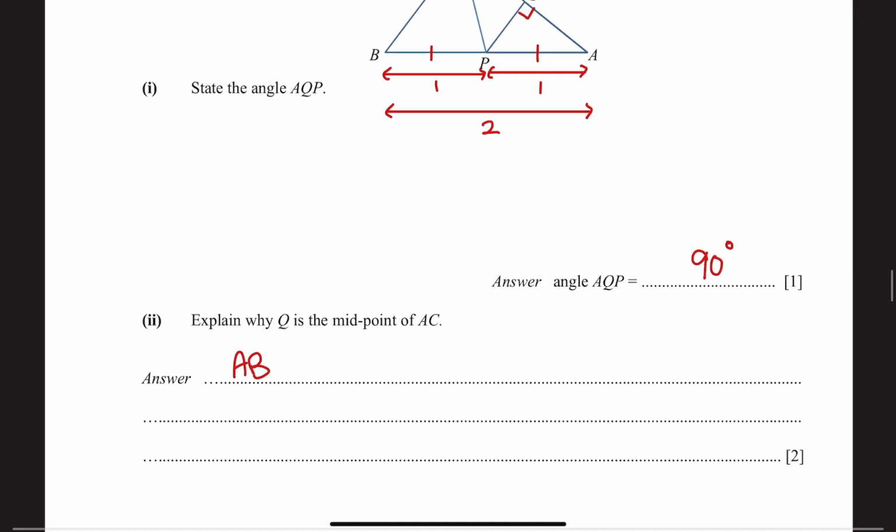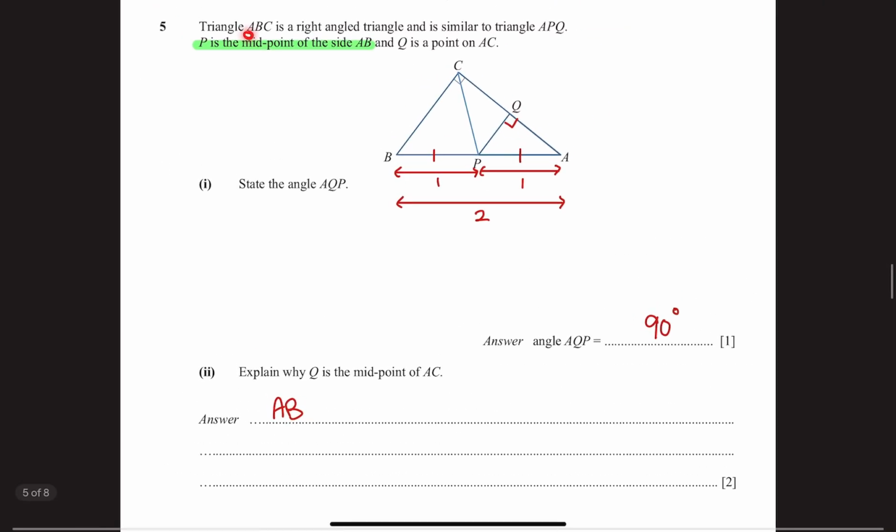AB over AP is equal to, next one is AC over AQ, big triangle AC over AQ, is equal to, last one, BC over PQ, big triangle BC over PQ.